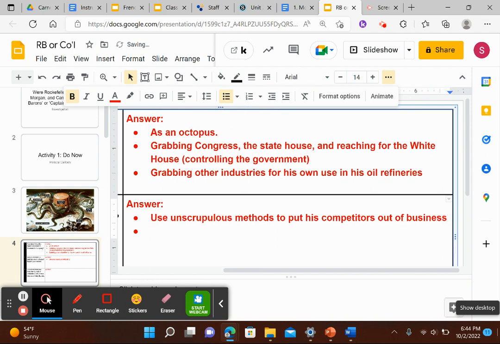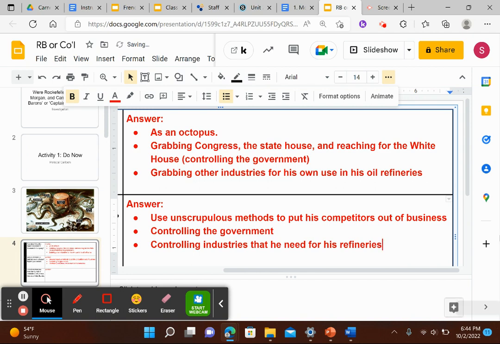He did this by controlling the government and by controlling industries that he needed for his refineries.